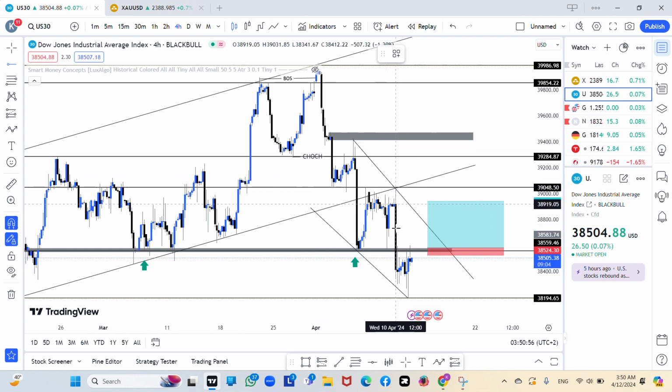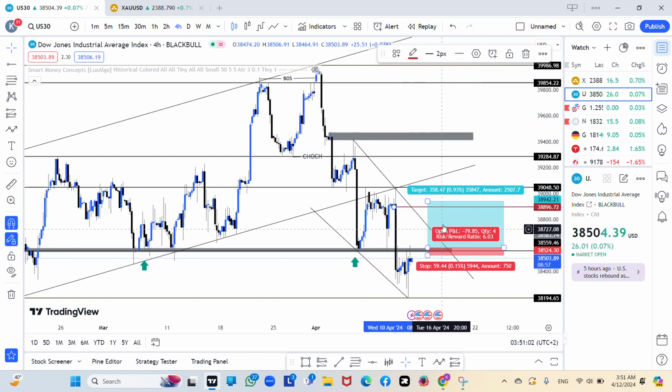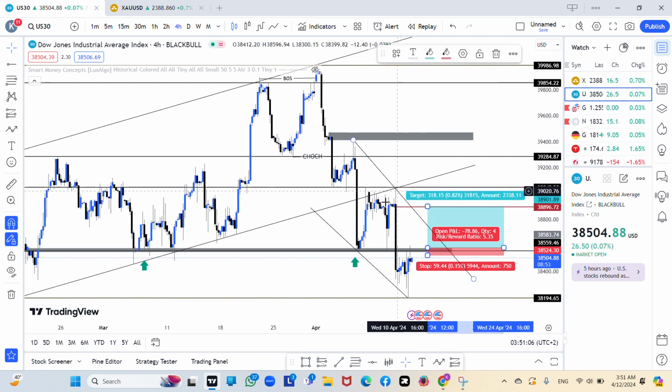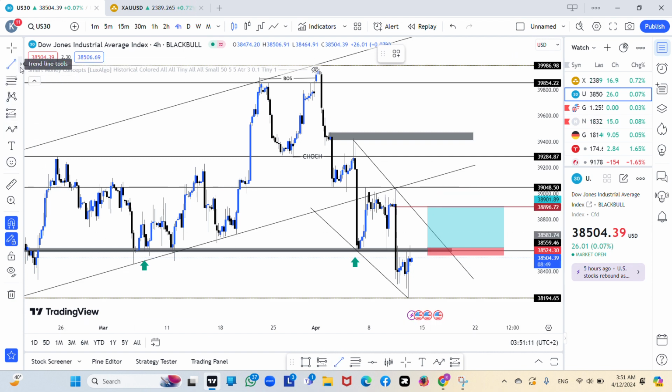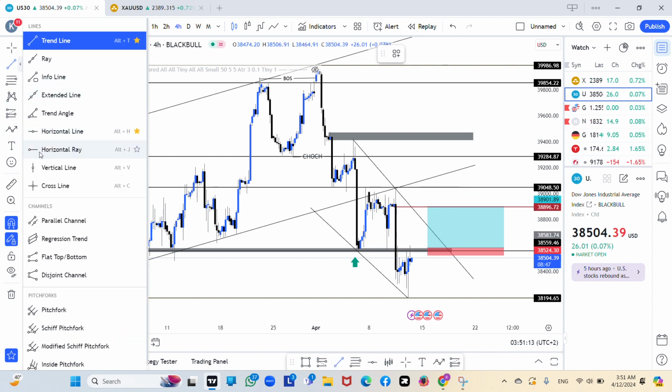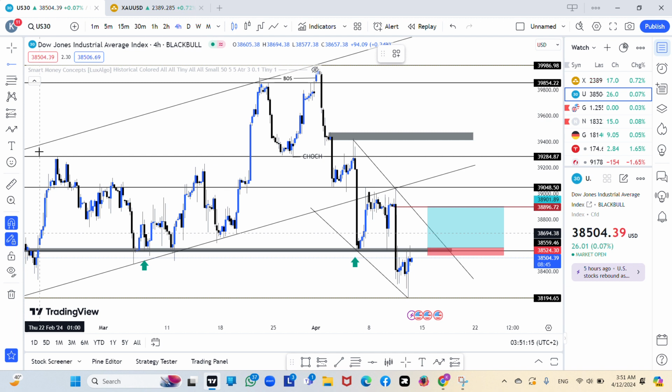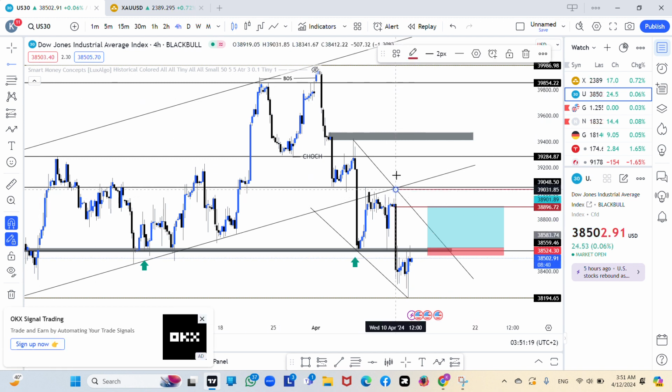Because of the market structure, it's kind of bearish right now. The only time I will be bullish biased is when we break that low there. That's the only time I will be more into buys, once we break there, because then that means they will be having a change of character.